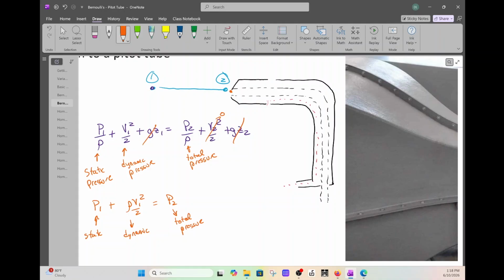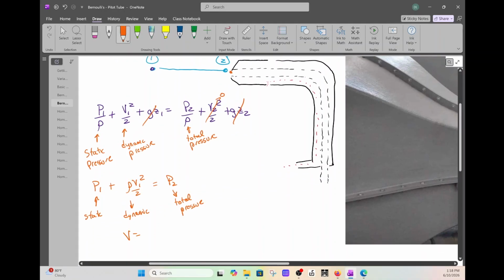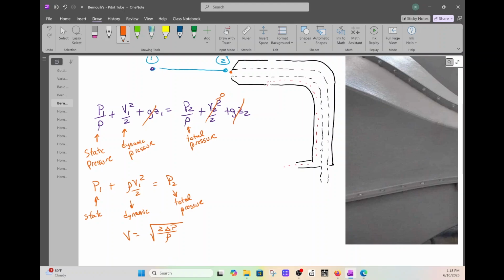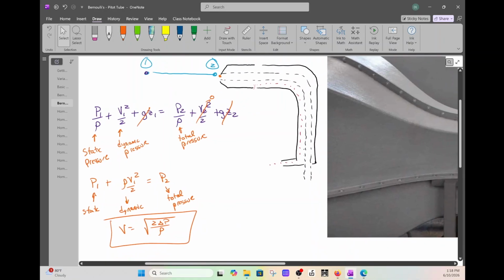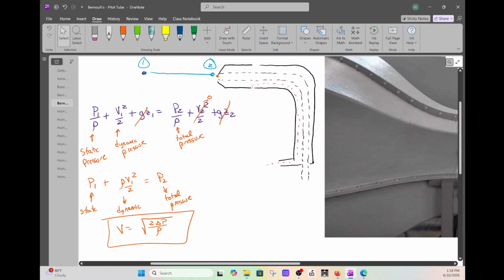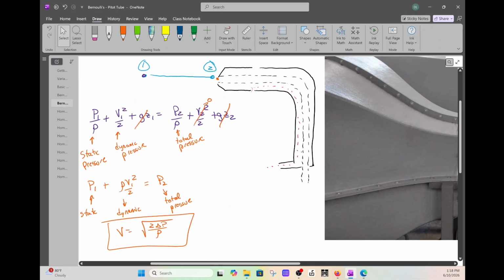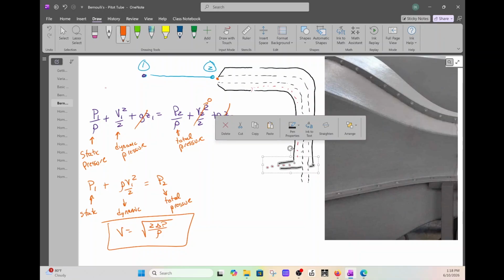So we can rearrange this equation to get V equals the square root of 2 delta P over the density. So using Bernoulli's, we now have an equation for the velocity of the air going over that scaled model. A couple of things: this is called a streamline. It's the way a particle would move.